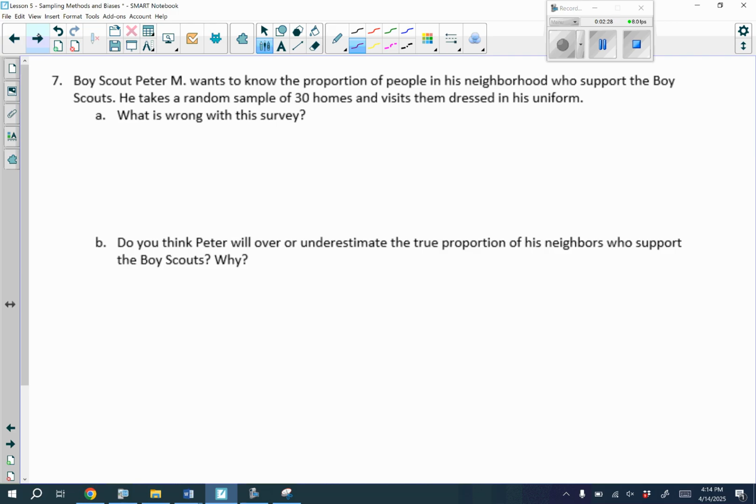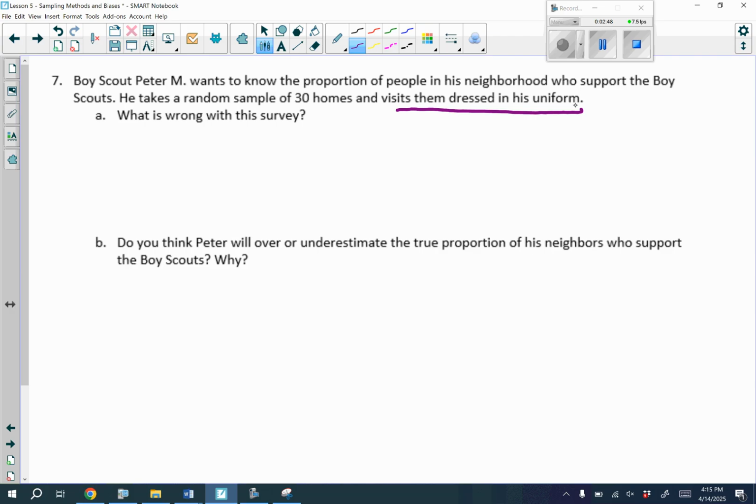Okay, let's see what you wrote. Once again, your answer does not need to be exactly like mine, but you should have similar ideas. We're going off of biased questions, and I do notice that the Boy Scout is in his uniform.